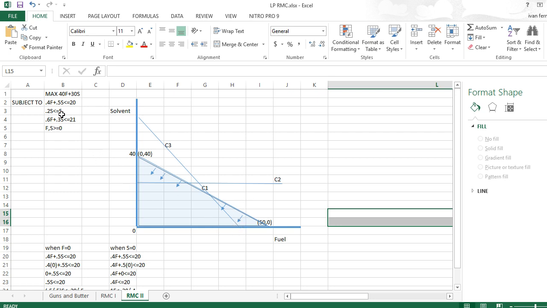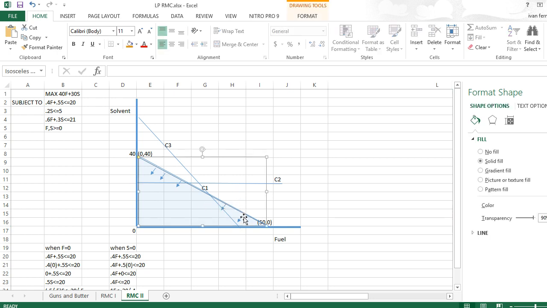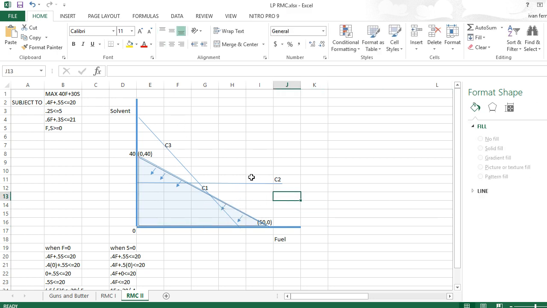Okay, that shaded area over there, that's for constraint number one. Now let's do number two. For number two, it is less than or equal to 5, so it's going to be down. I lost my little arrows. Do I have them still? Yes, I do. So we're talking about the area down from constraint number two.